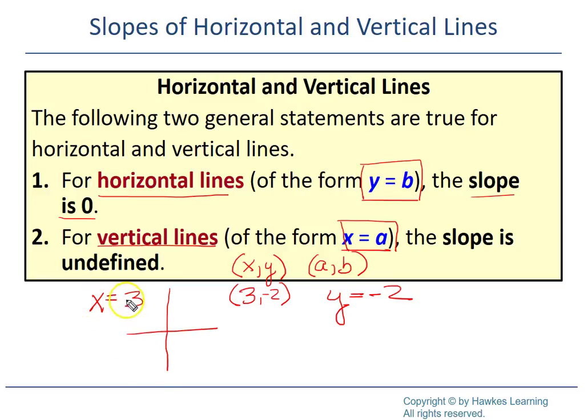So, x equals 3 is a vertical line going through 3. And a horizontal line, y equals negative 2, is a horizontal line going through negative 2. I didn't draw that one too well, but close enough.